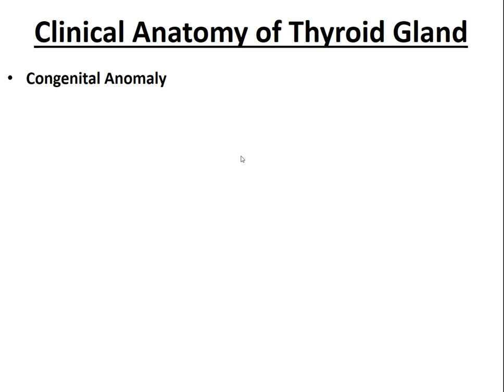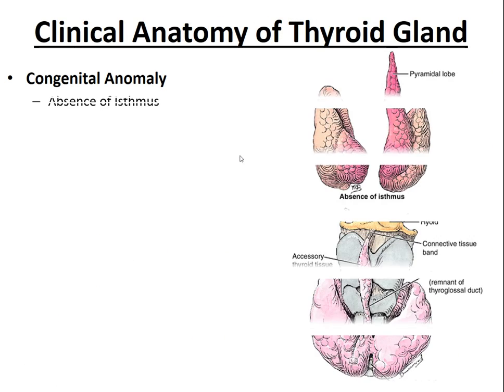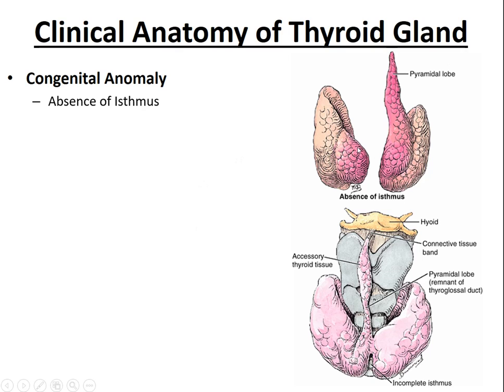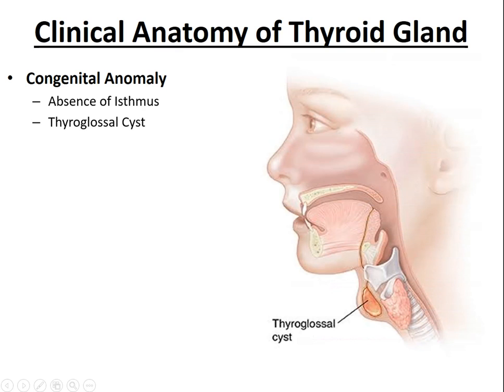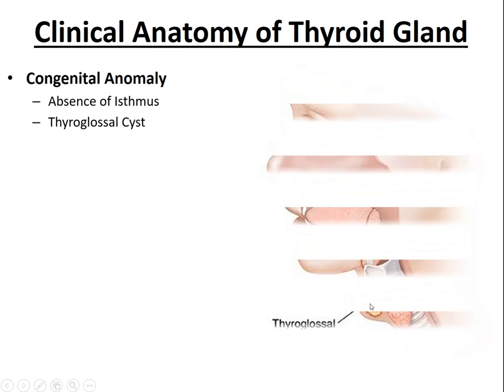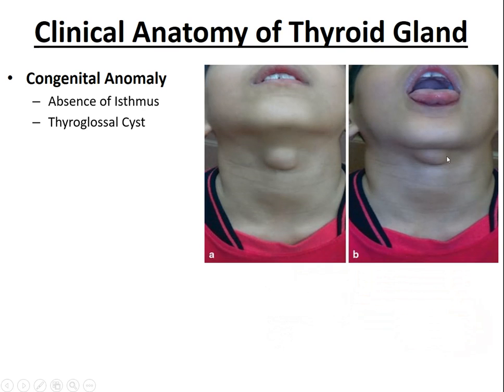Now the clinical anatomy related to the thyroid gland. Sometimes the isthmus may be absent, sometimes one of the lobes may be absent, or sometimes the thyroglossal duct persists in some part and forms a thyroglossal cyst, which moves even during protrusion of the tongue.